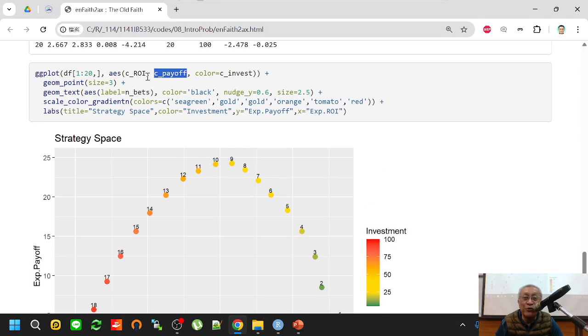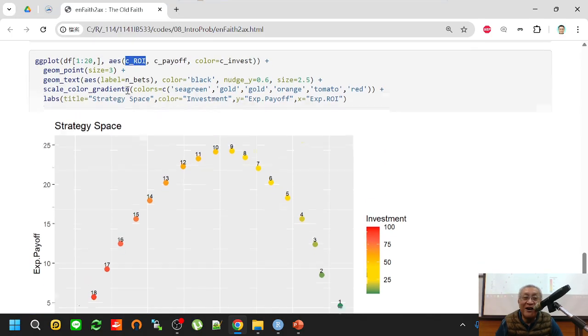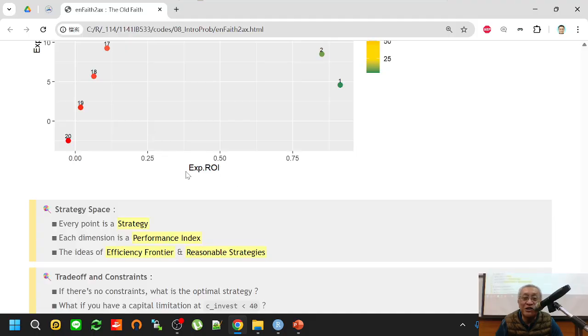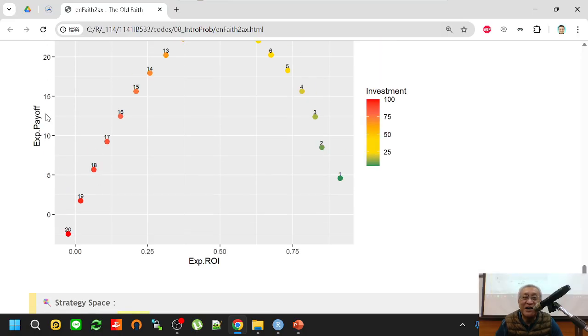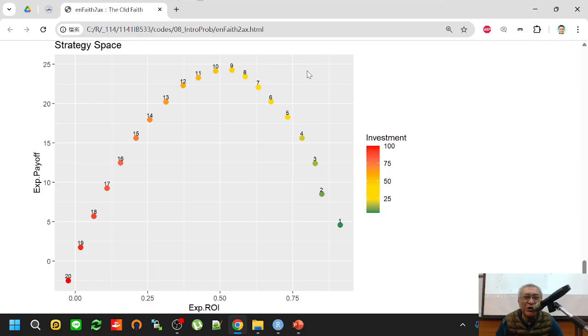This is the expected ROI on the x-axis, and this is the expected payoff. Ideally, you want high ROI and high payoff.